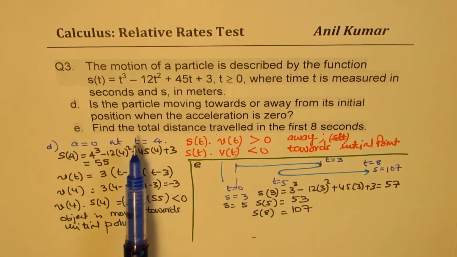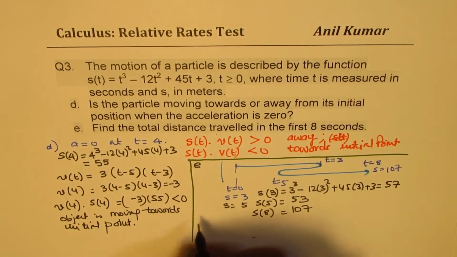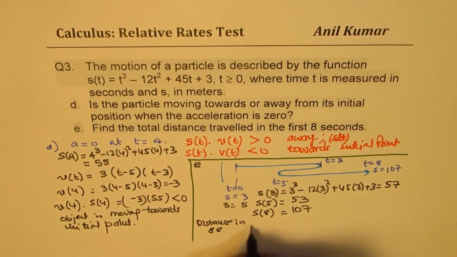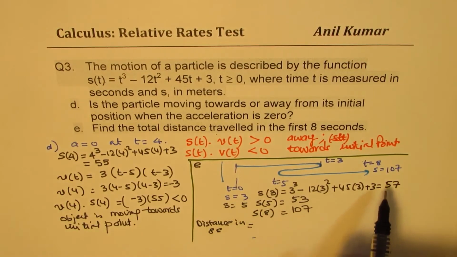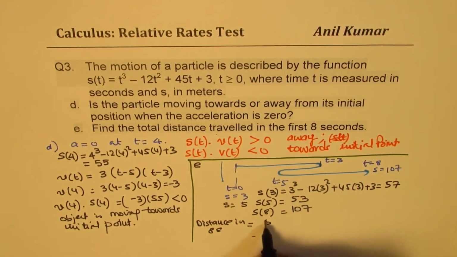Now, it is easy to find the total distance traveled in 8 seconds, right? So distance in 8 seconds is equal to the sum of all this. So we calculated from here to here is how much. So it is 57 minus 3.